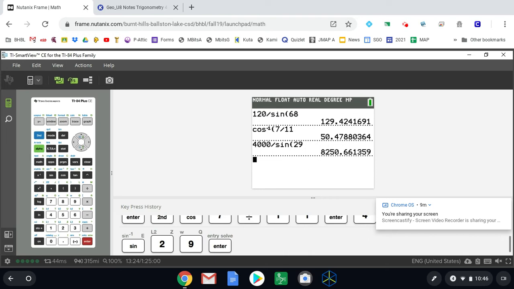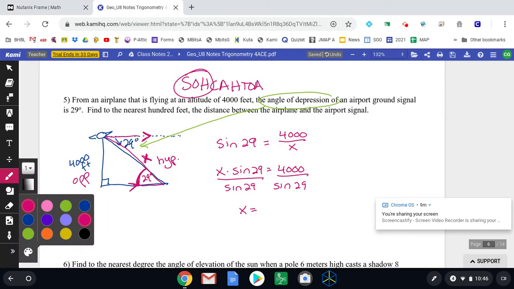All right, so my x to the nearest 100 feet. So I had 8250.661359 to the nearest 100 feet. Nearest 100 would be about 8,300 feet.